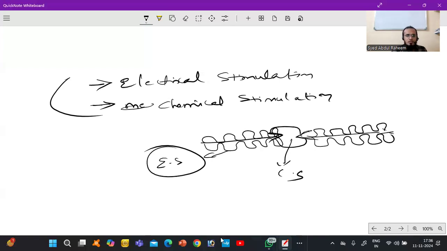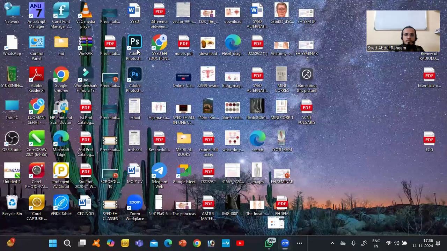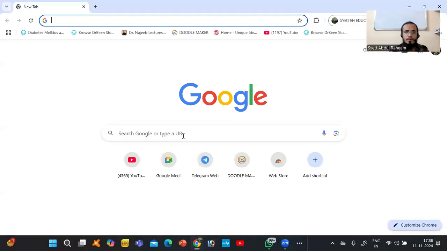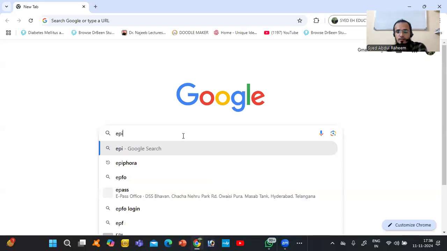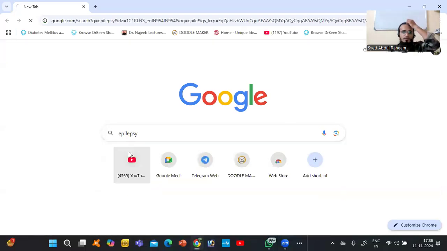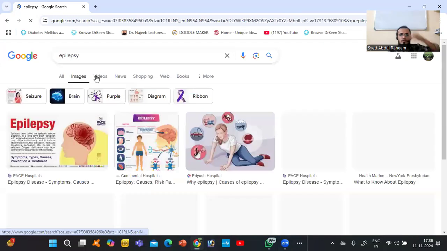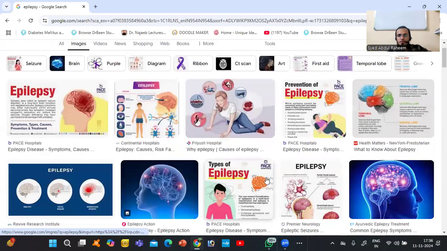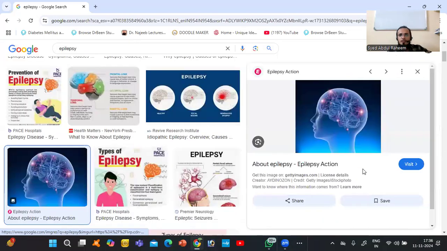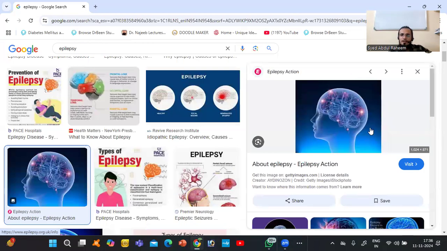Let's see it in the image also. You can see within the brain, this is the current flow or electrical stimulation.